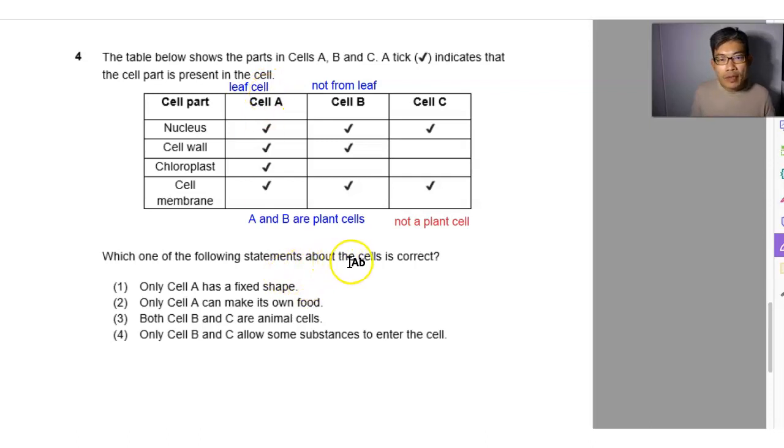Which of the following statements about the cells is correct? A has a fixed shape. No, that's not true. This comes from the idea that plant cells have a cell wall, and the cell wall gives plant cells a regular shape. Since A and B both are plant cells, this should be that cells A and B have a regular shape. So this first option is wrong.